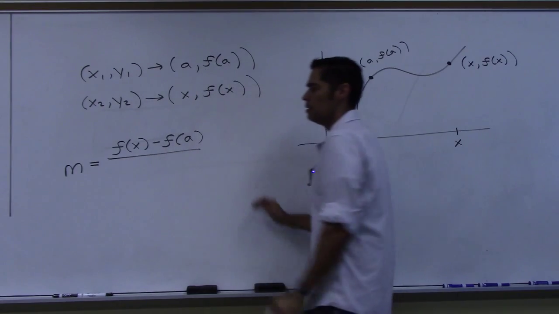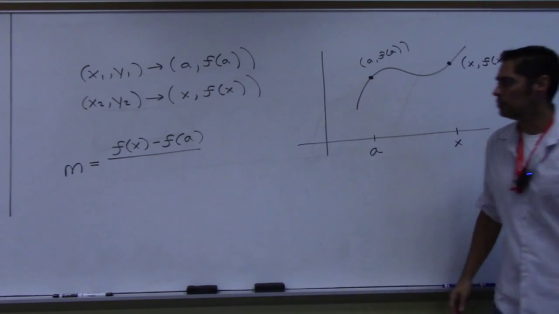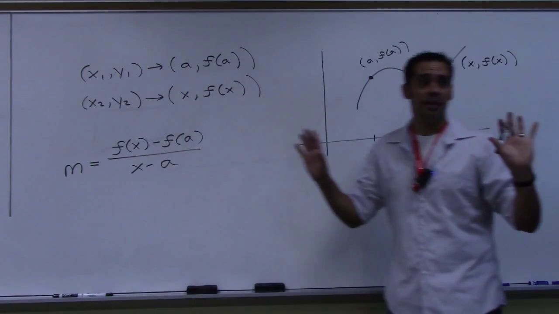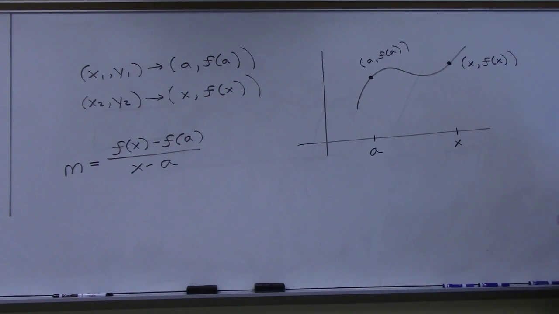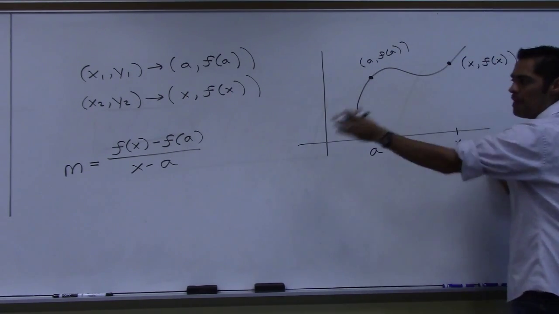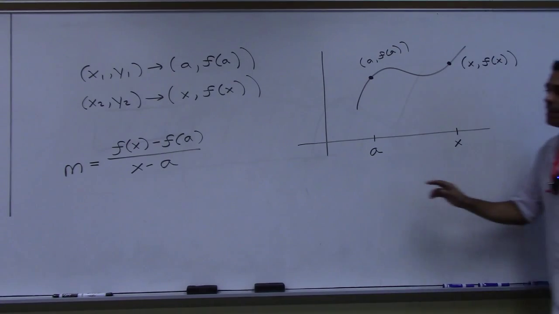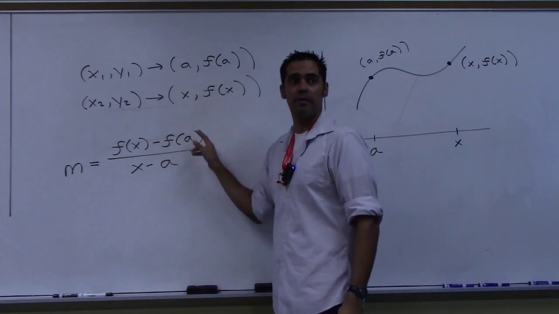Over x minus a. So regardless of the function that anyone ever gives me, I can always define the slope of the line connecting these 2 points with that equation right there. That's what the slope will always be. But you have to know the function, yeah, because I'd actually have to figure out what is f of x and what is f of a.